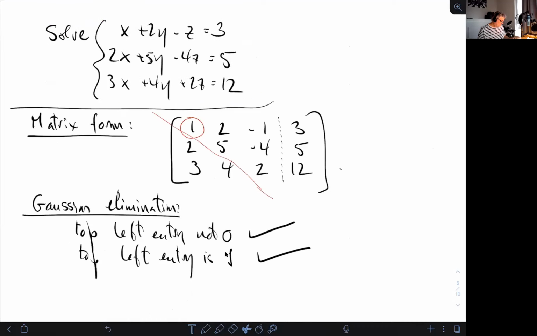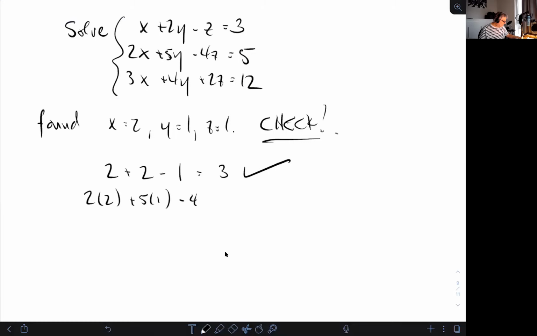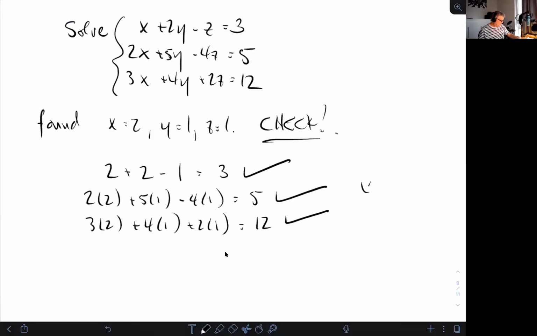Now, if you stop there, that's bad, because we found the value of x using y and z using that precise equation. So it's later that it might mess up. Let's try this: 2 times 2 plus 5 times 1 minus 4 times 1. This is 5. Yes, we're happy. Then 3 times 2 plus 4 times 1 plus 2 times 1. This is 12, and so we're happy. We know it's good. That's it.